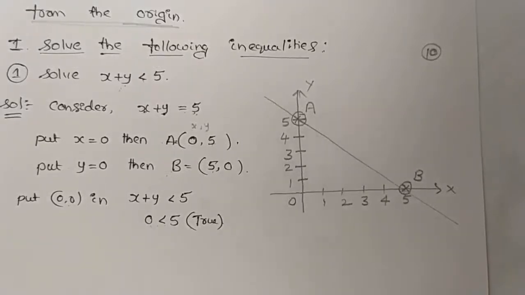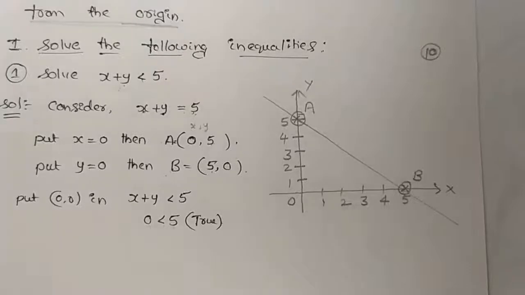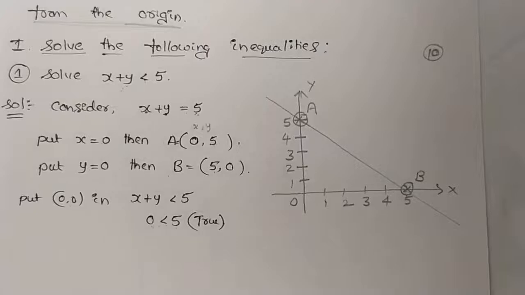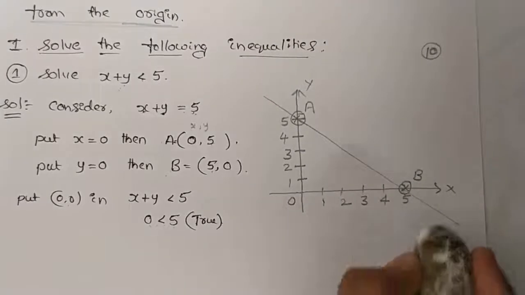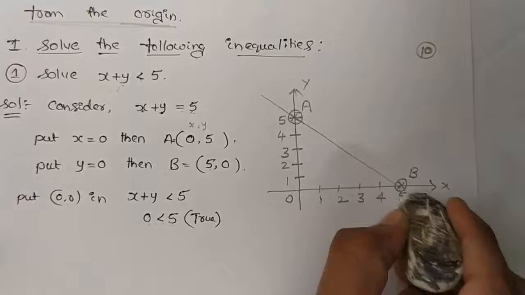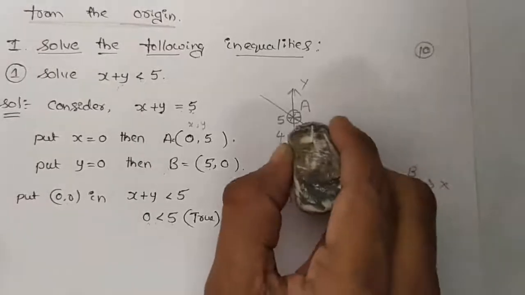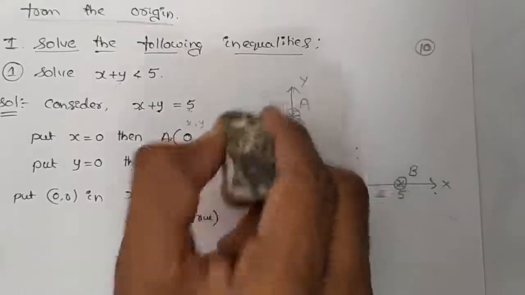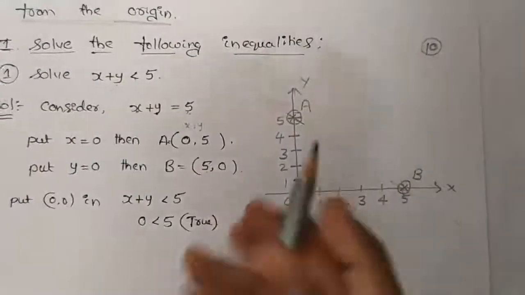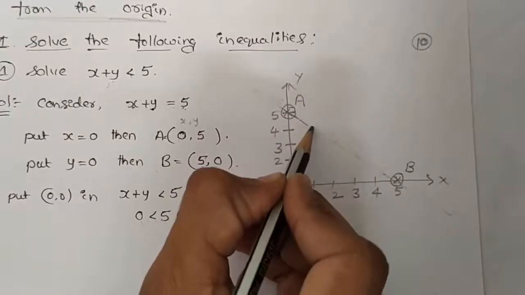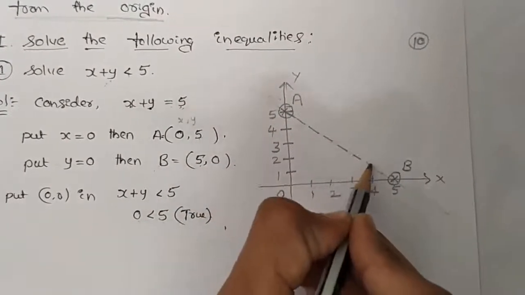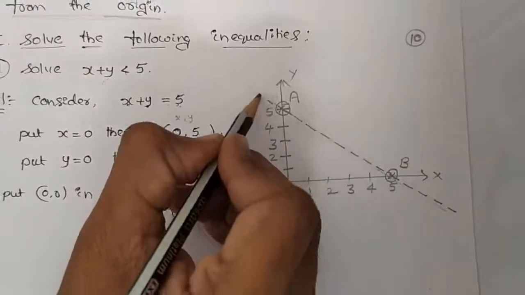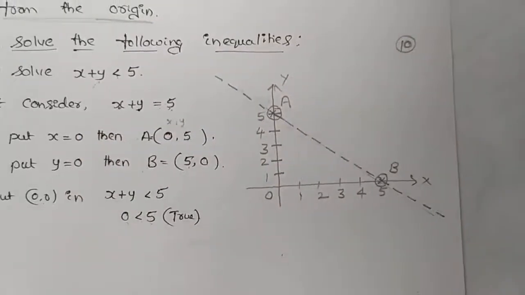Here the inequality involves less than, so we have to draw a dotted line, not a thick line. We draw the dotted line like this.